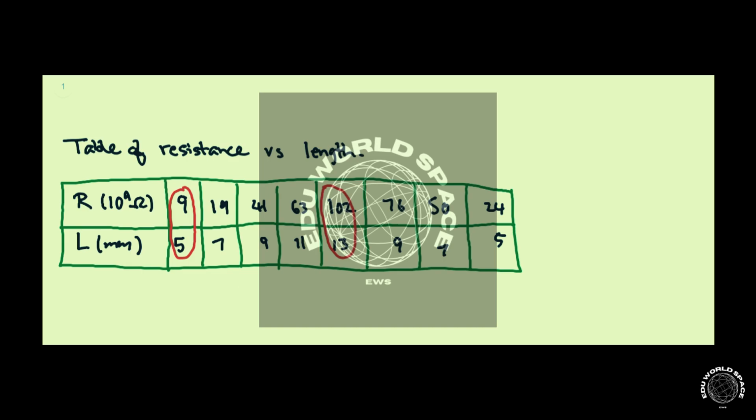The equation that I'll be using is that the resistance is equal to resistivity times length over cross-sectional area. To make things very clear, I will label with subscripts 5 and 13, which correspond to the length 5 and the length 13.